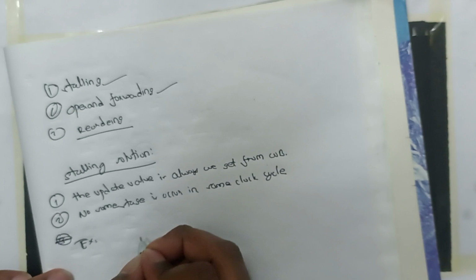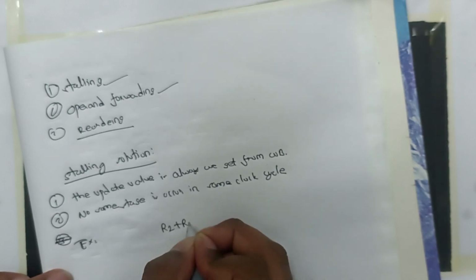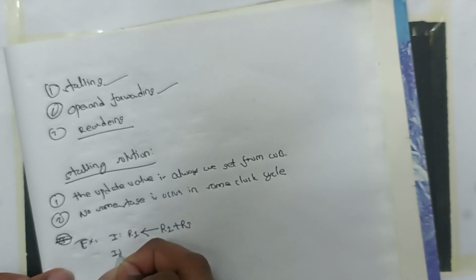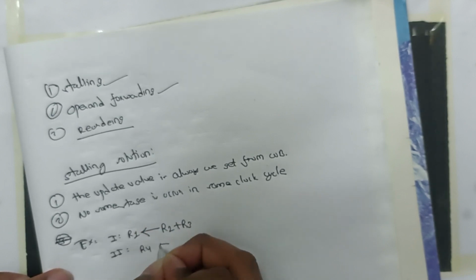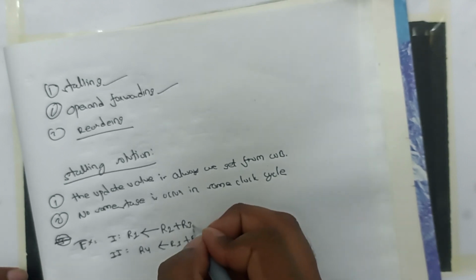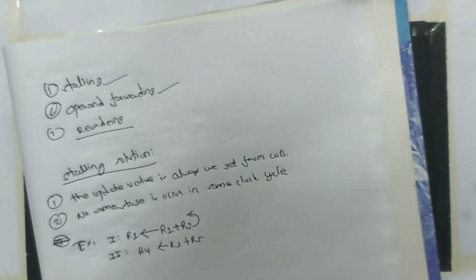Instruction 1: R2 plus R3 is stored in R1. Instruction 2: R4 equals R1 plus R5. There is no instruction before that, so there is no checking of data dependency.